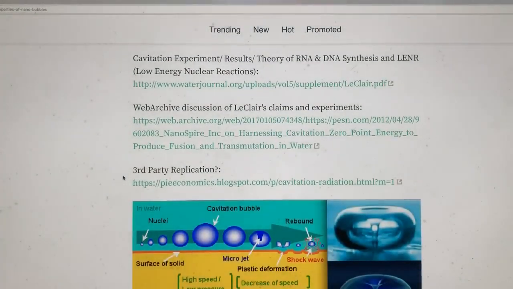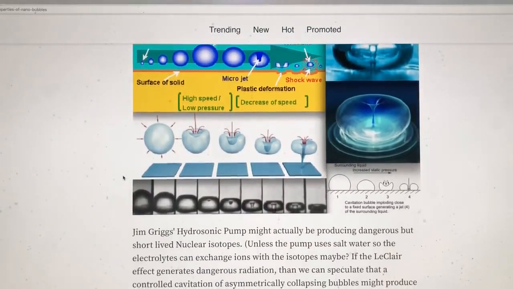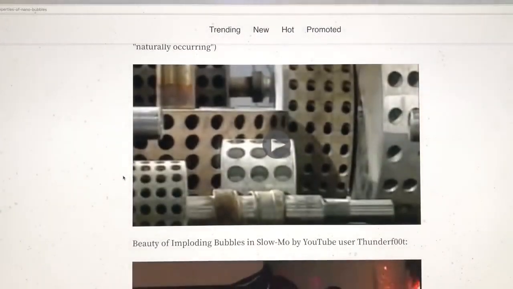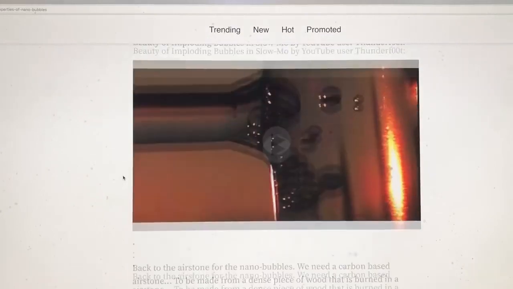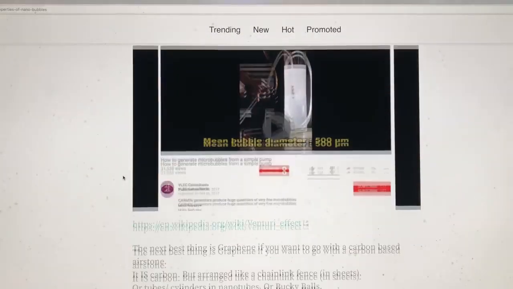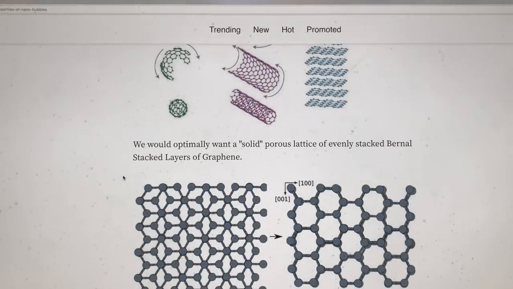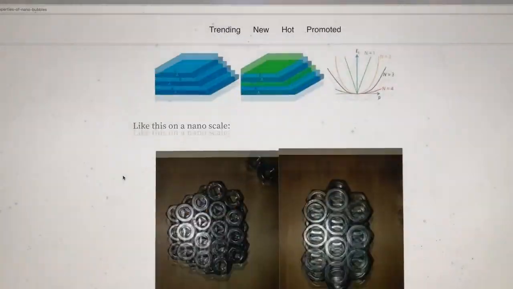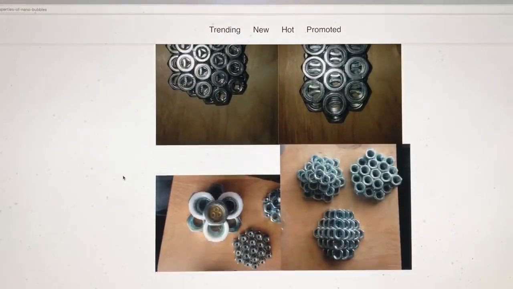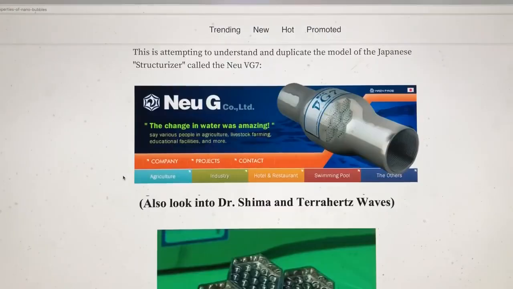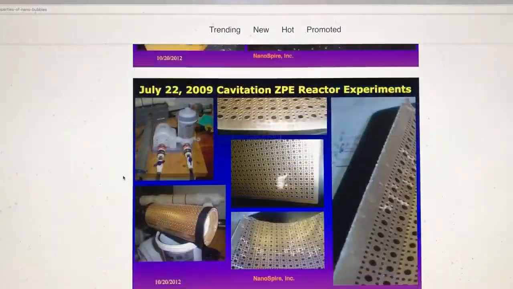Things about Mark Leclerc and his cavitation experiments generating radiation. Mark Griggs' hydrosonic pump. Graphene. And all sorts of cool stuff.